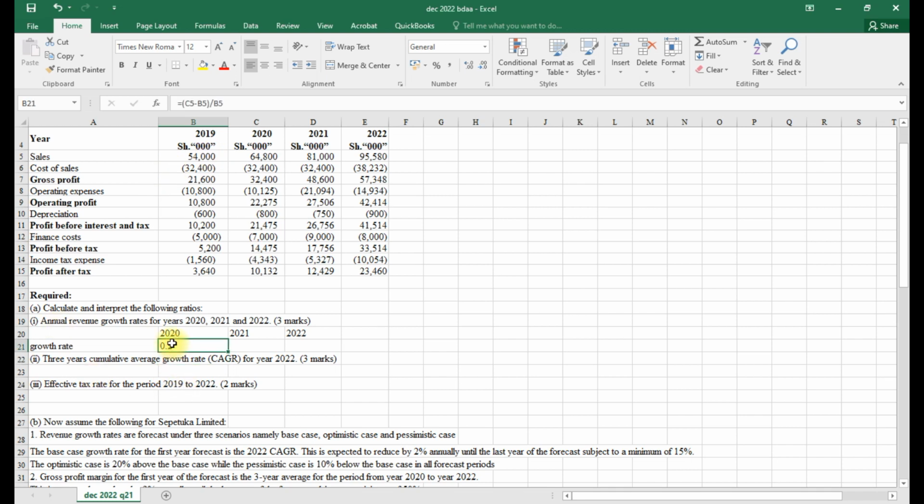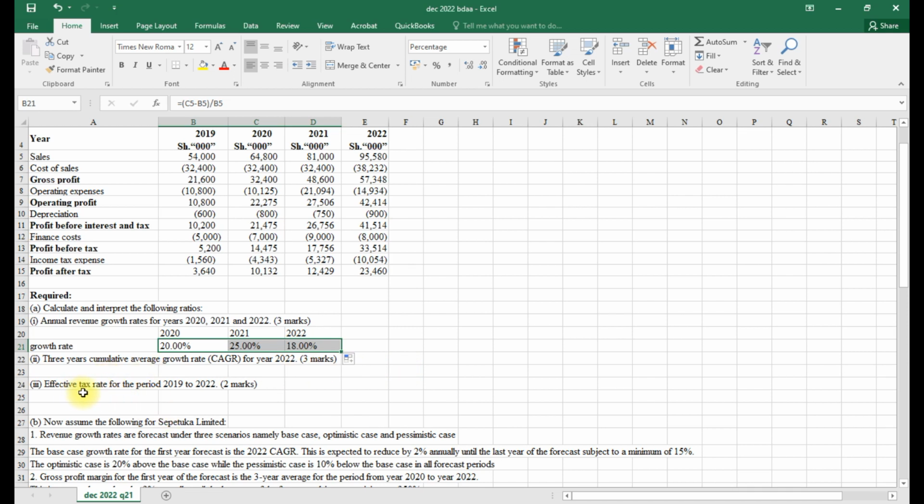I'll convert this into percentage, and I can put it to decimal, 20% for that particular year, and I will drag this that way. The second was 25% and the third was 18%. So that is our annual revenue growth rate.